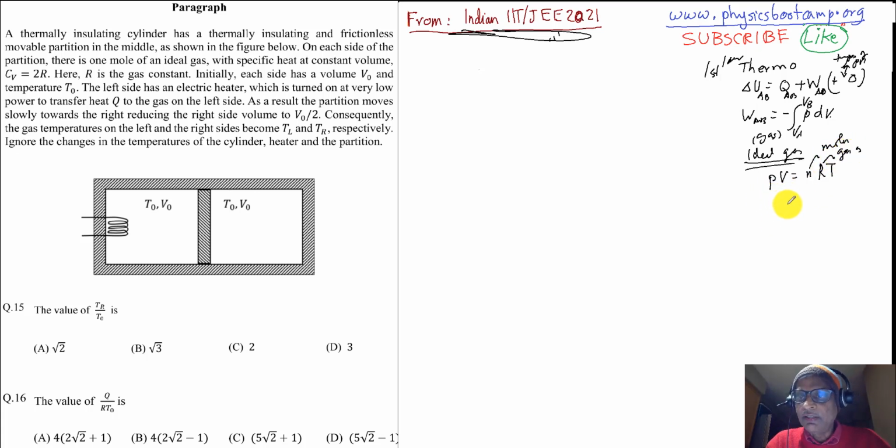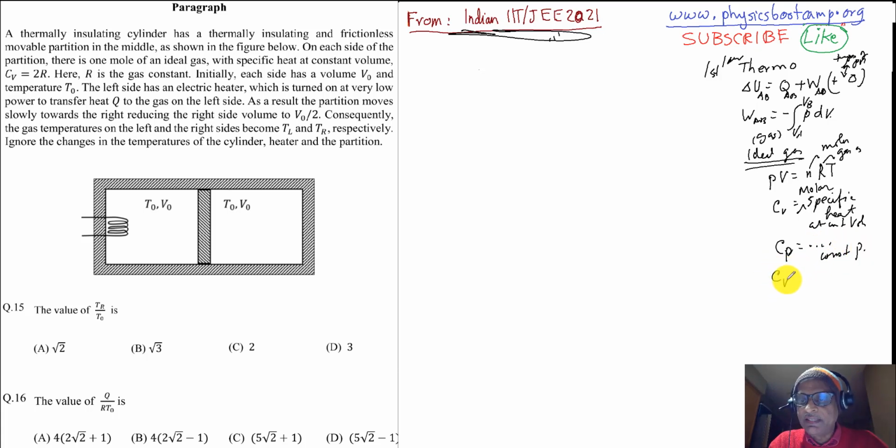And you also need CV, which is the molar specific heat at constant volume, and CP is the same thing at constant pressure.